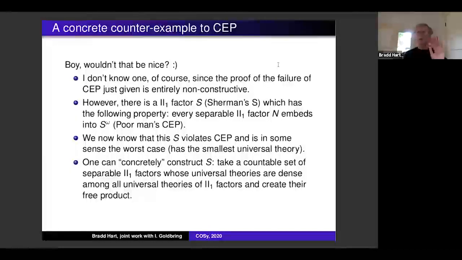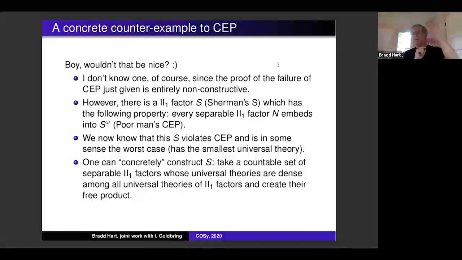What's unique about this is that there's a minimal universal theory. Of course, if CEP held, there's only one universal theory, so there's a maximum and a minimum. But now we know that the universal theory of R is a maximum, and there is a minimum, and anything that satisfies that minimum theory could be S.